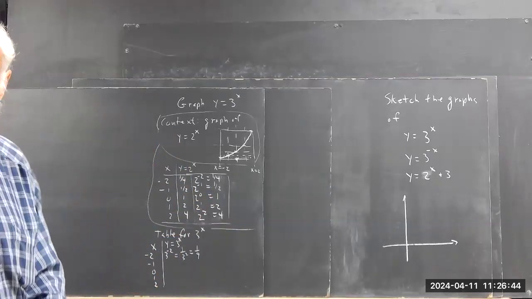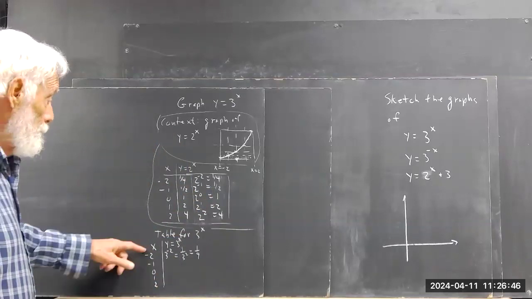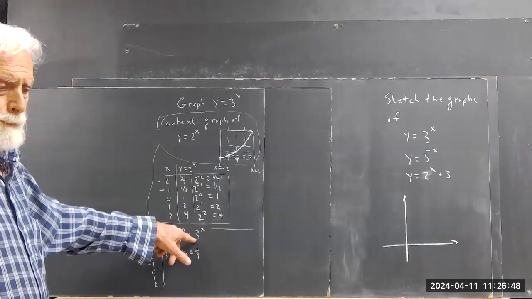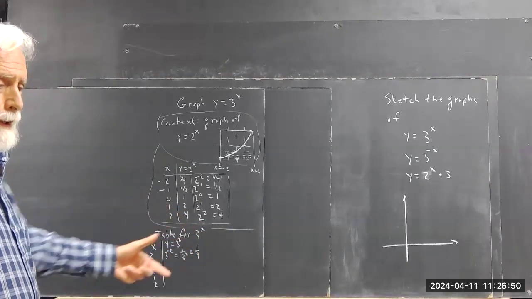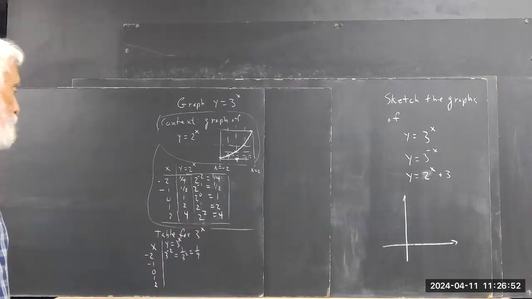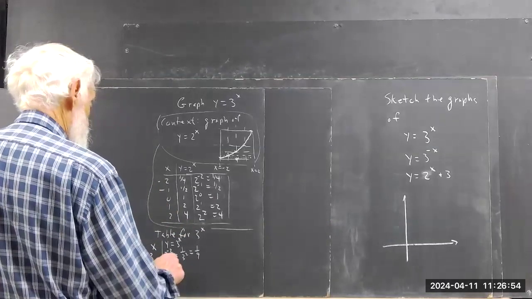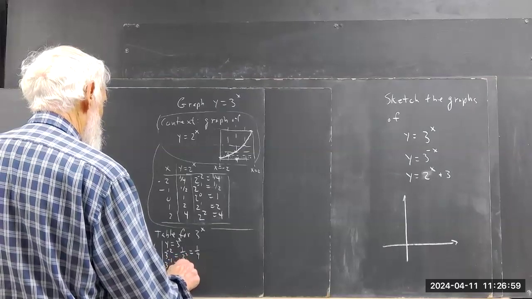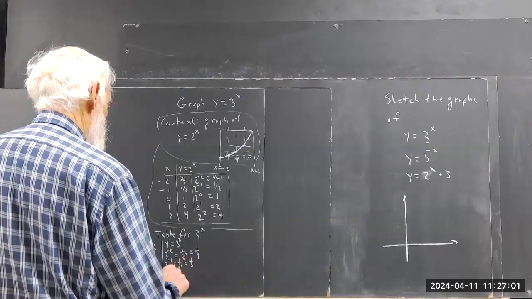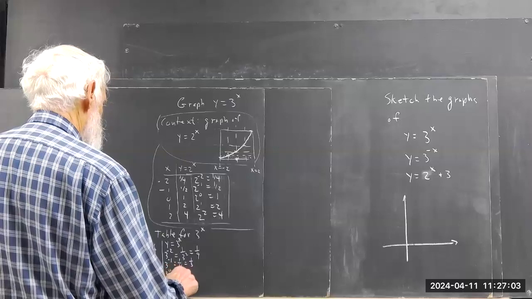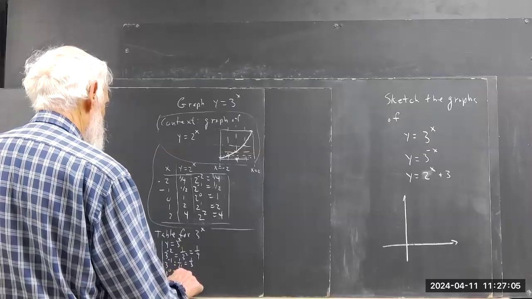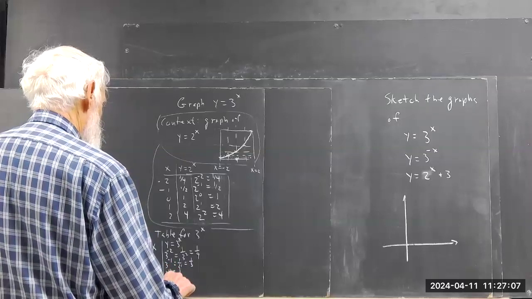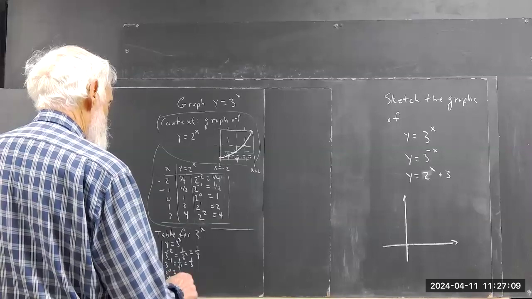Well, sometimes you need to do that, but with the whole number to the x, you don't need to use decimals. Okay, anyhow. 3 to the negative 1 is 1 over 3 to the 1, which is 1/3. 3 to the 0 is 1, 3 to the 1 is 3. 3 to the second is 9.